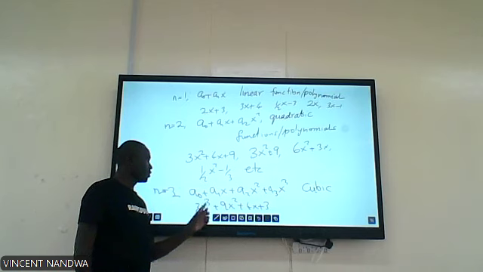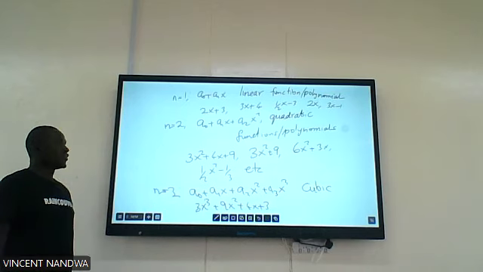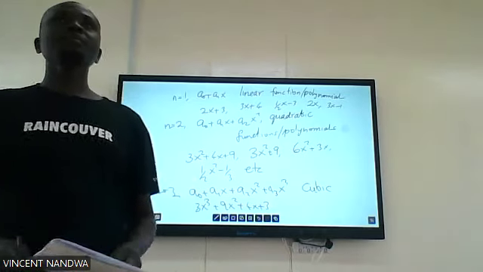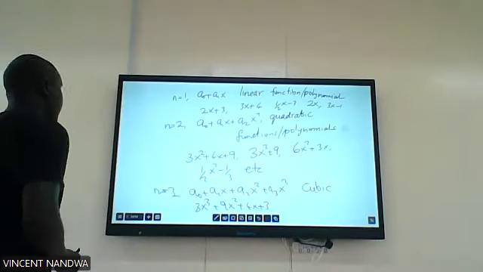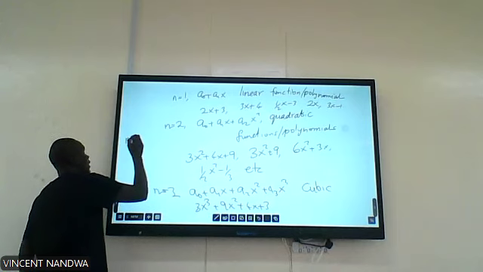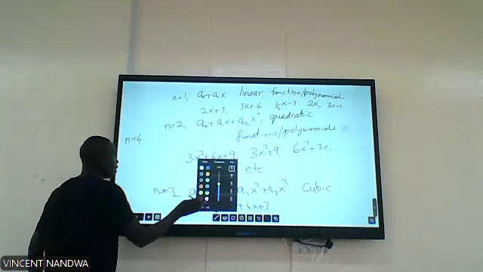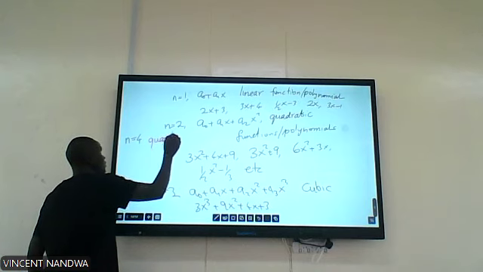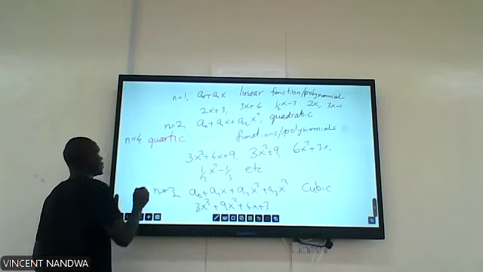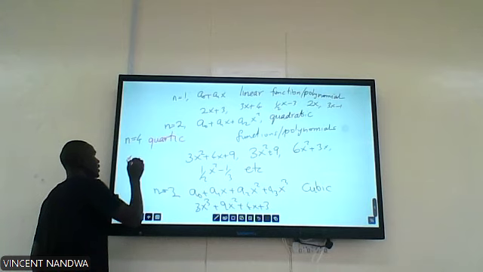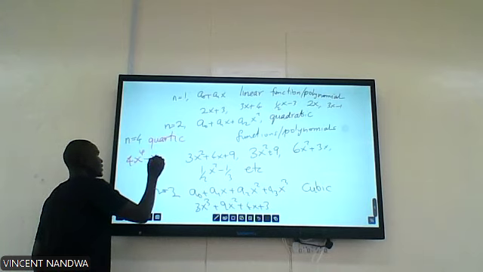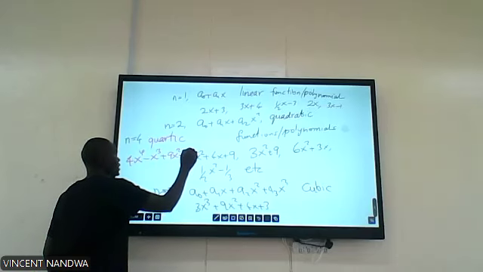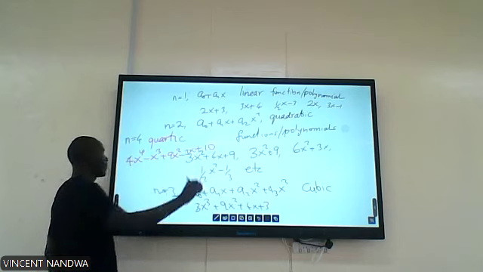This cannot be 0. And then when n is 4, what name do we give to that polynomial? Quartic, correct. So when n is 4, we have what we call quartic polynomials. So for example, 4x power 4 minus x cubed plus 9x squared minus 3x plus 10.